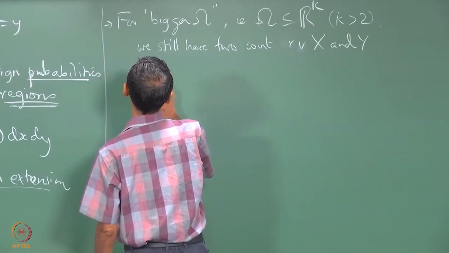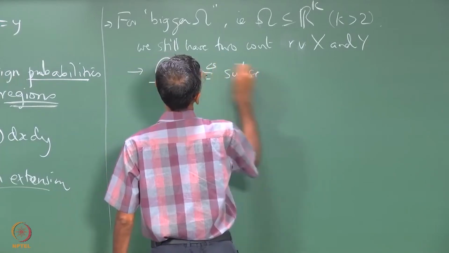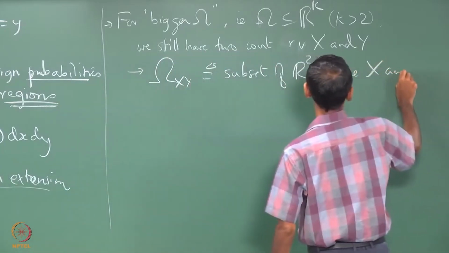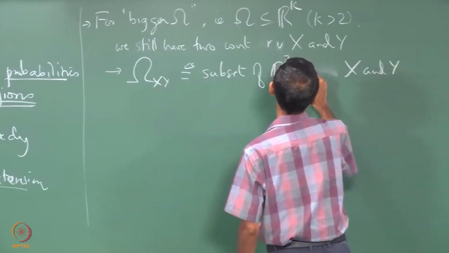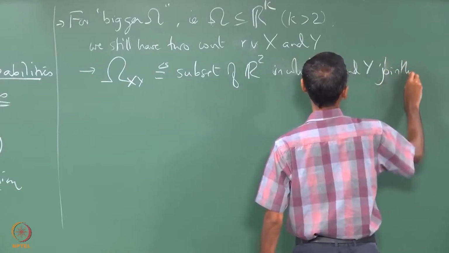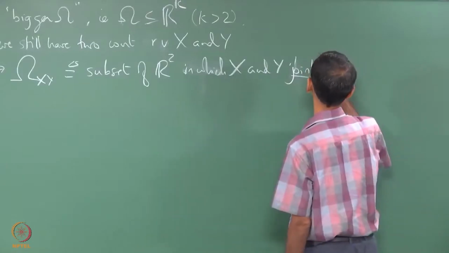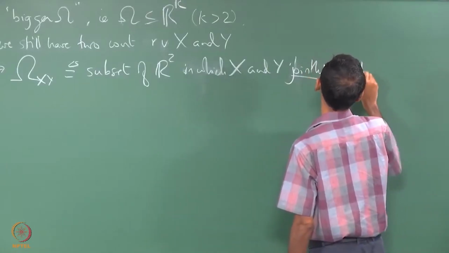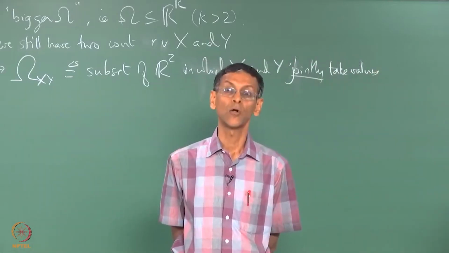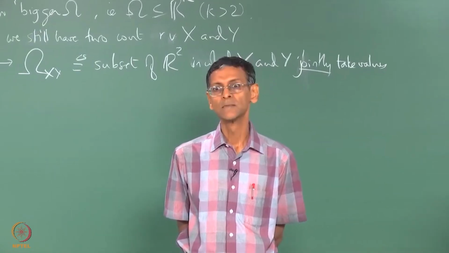So you define omega_XY as the subset of R squared where X and Y jointly take values, that is also important. This omega_XY notation we have already seen in the discrete case. The same idea, except that it is now an uncountable subset of R squared as opposed to a countable subset that we had earlier.